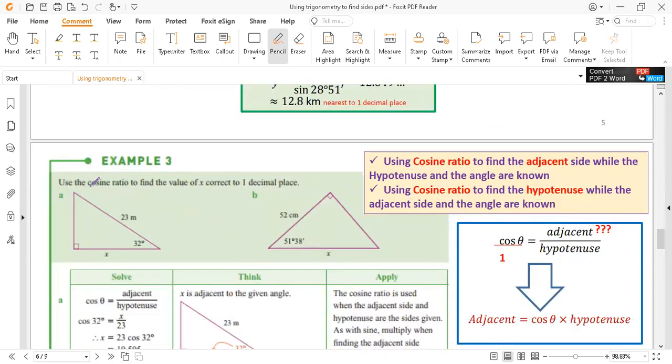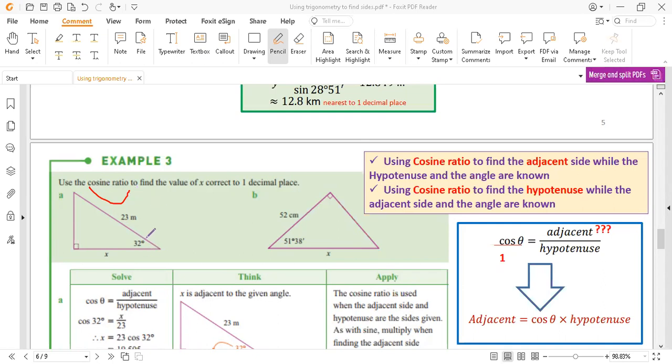Similarly, we can also use the cosine ratio to find either the hypotenuse when the angle and the adjacent side are given, or the adjacent side when the angle and the hypotenuse are given.